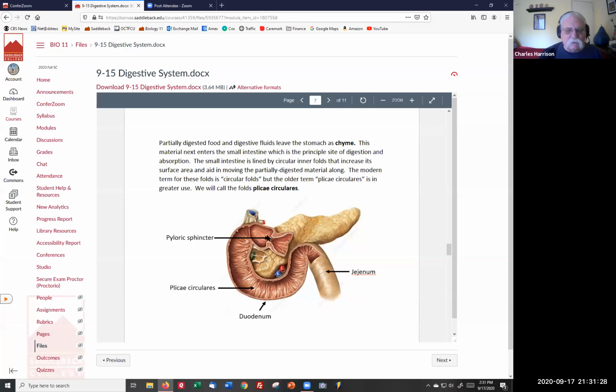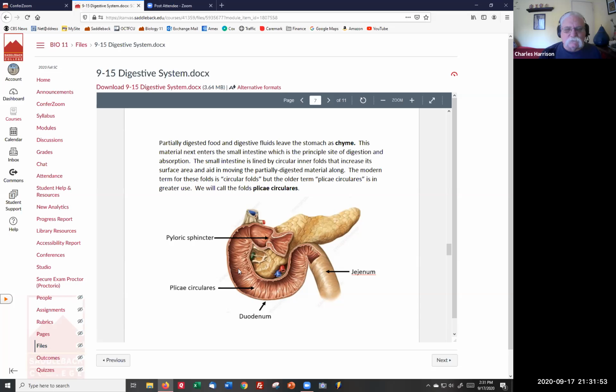The duodenum then extends from the pyloric sphincter around and ends here at this flexure. And then the jejunum, the second part, and the ileum, the third part or distal part of the small intestine come into play. What gets digested in the small intestine?